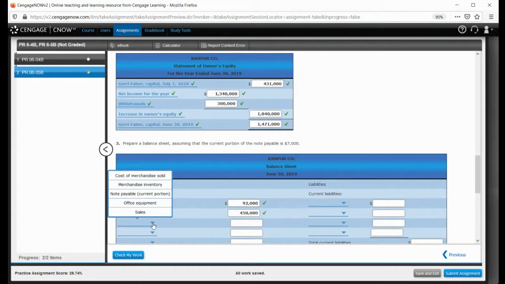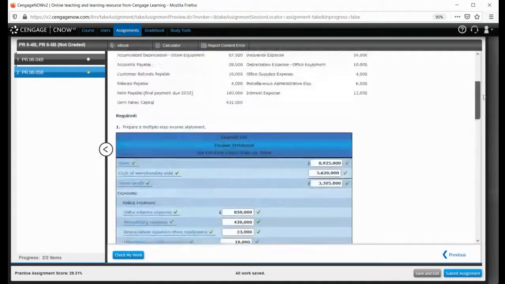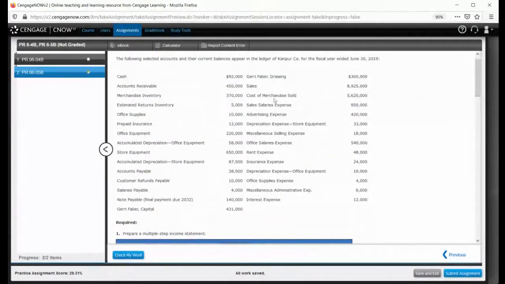What would come next is a new account that we introduced in this chapter, which is our inventory account. Merchandise inventory is a current asset. We are expecting this company to be selling the merchandise inventory all throughout the year. That's why it's a current asset.